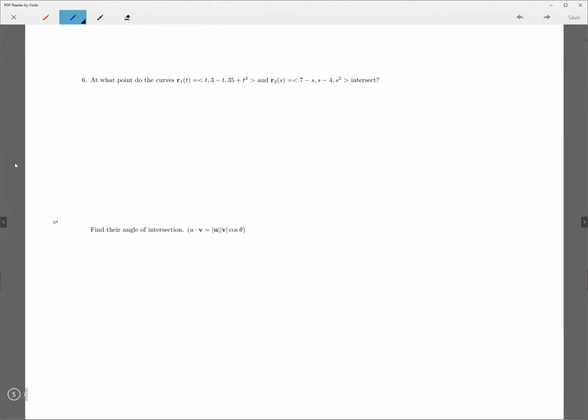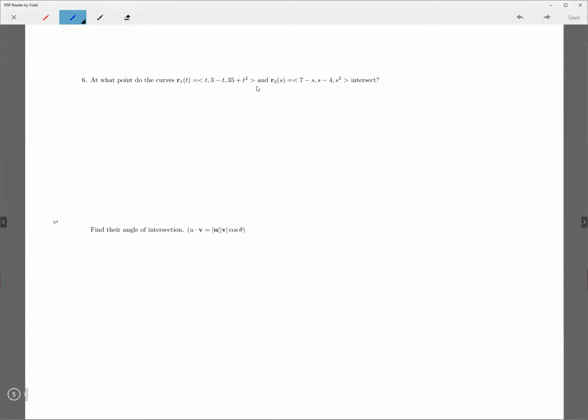Okay, let's move along to number 6. At what point do the curves intersect? Okay, any ideas how to do this one? So you have 2 vector valued curves, and typically if there's 2 of them, you're going to put one in t and the other one in s.